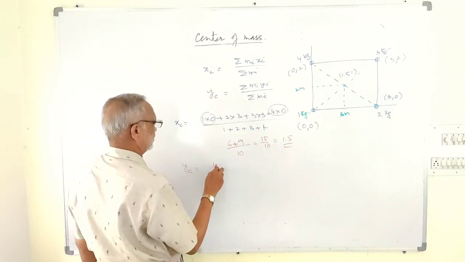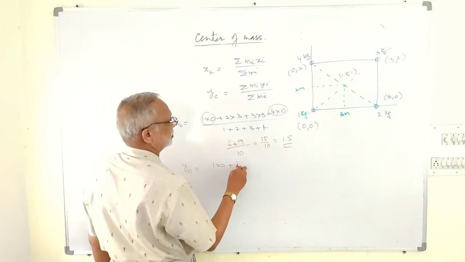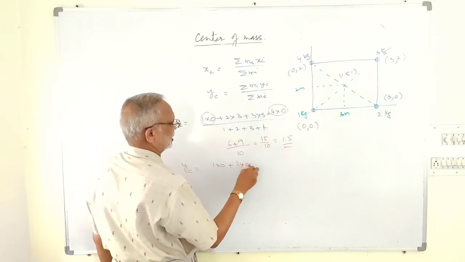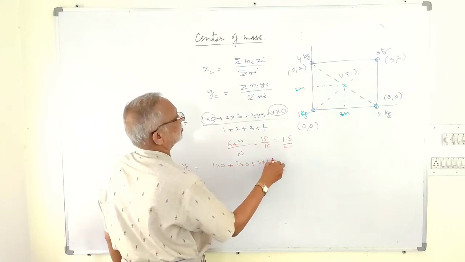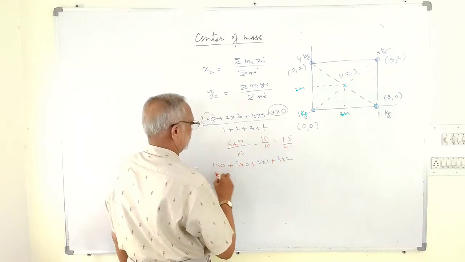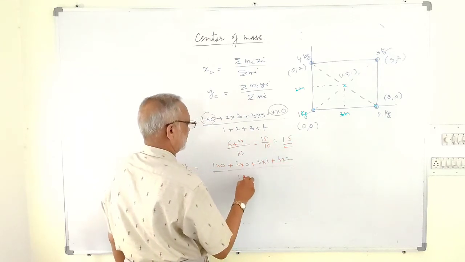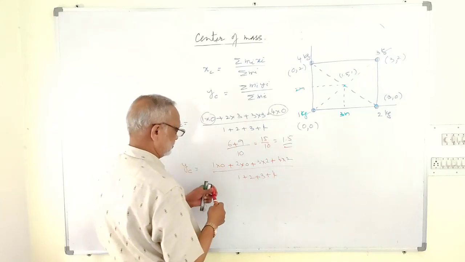Now let us find Yc. m1 y1, 1 into 0 plus m2 y2, 2 into 0 plus m3 y3, 3 into 2 plus m4 y4, 4 into 2, divided by 1 plus 2 plus 3 plus 4.